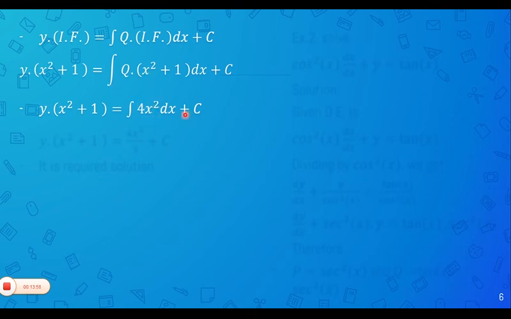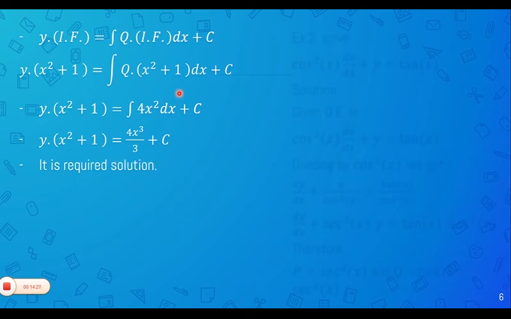The x is having index power 2, therefore we can use the power rule of integration, and that rule is add 1 to the power, so the power will become 3, and again divide by the same 3, and therefore the final answer is y into x square plus 1 is equal to 4x cube upon 3 plus constant of integration c, and this is our required solution.